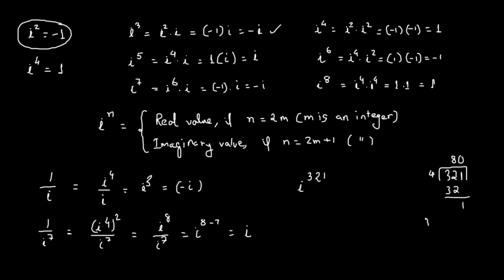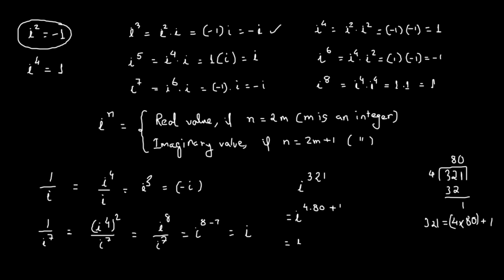So we have 321 can be written as 4 times 80, which gives us 320, and the remainder 1. So that means we can rewrite i raised to the power 321 as i raised to the power 4 times 80 plus 1.